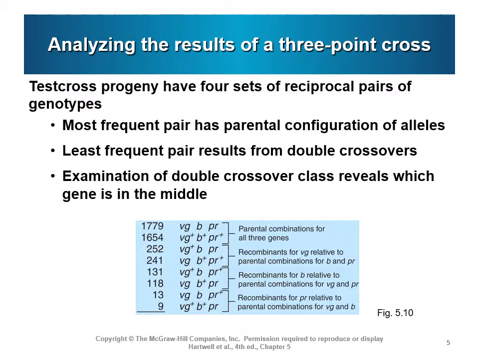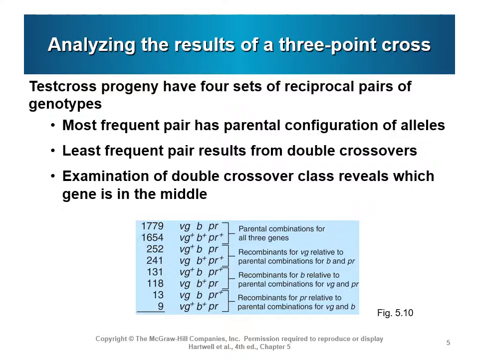So let's analyze the results of the 3-point cross. Test cross progeny have 4 sets of reciprocal pairs of genotypes. The most frequent pairs have parental configuration of alleles, which we have seen already in the previous slide. And the least frequent pair are from the double crossover.